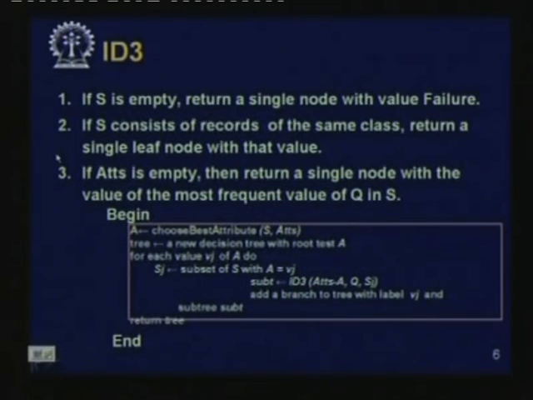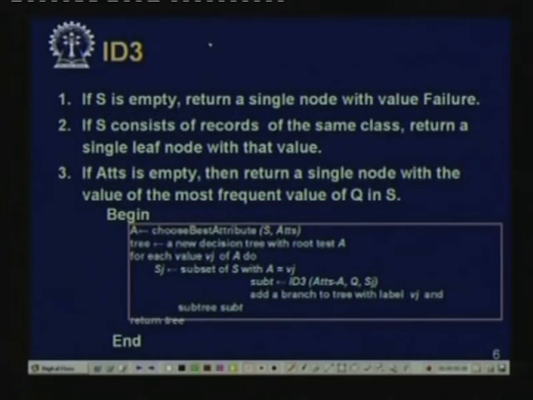So, let us look back at ID3. In ID3, the input is a set of training examples S. We have a set of attributes ATT. We have a training example S, and Q is the attribute on which we are trying to classify the data.